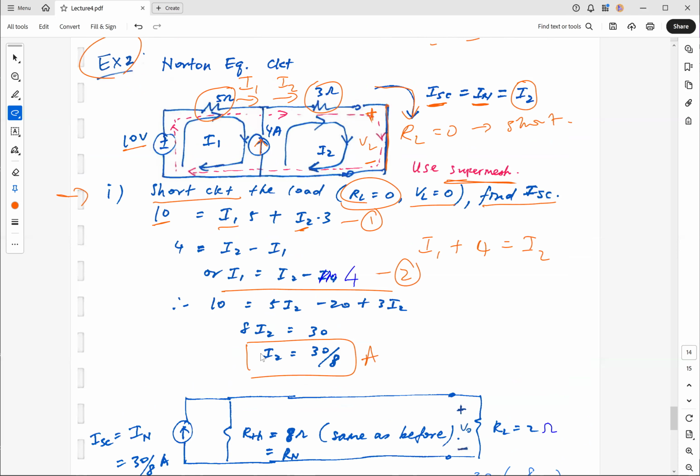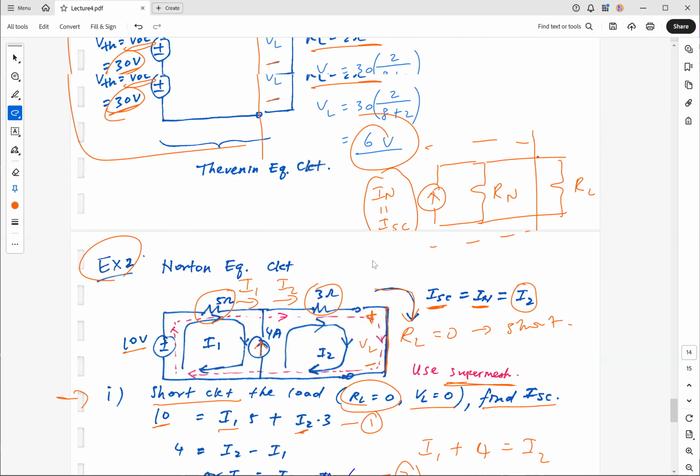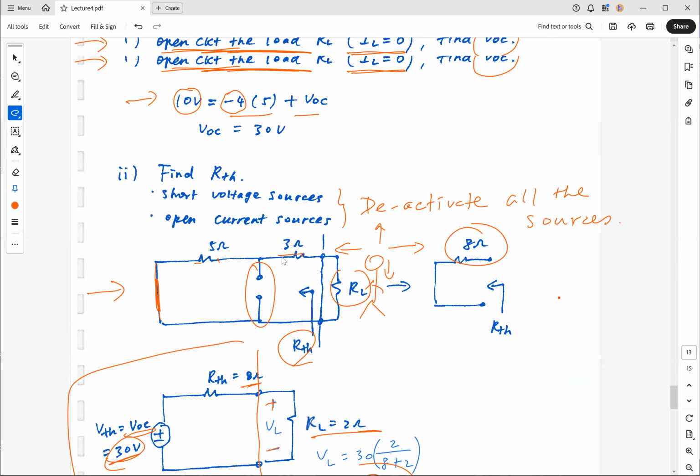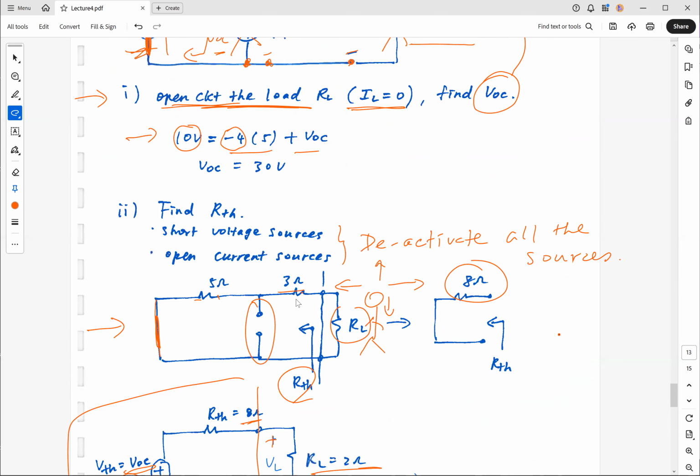How about RTH? Well, same thing. It's exactly the same circuit, so we go back to this circuit again. We perform the deactivation: we deactivate all the sources, the voltage source we short, the current source we open.